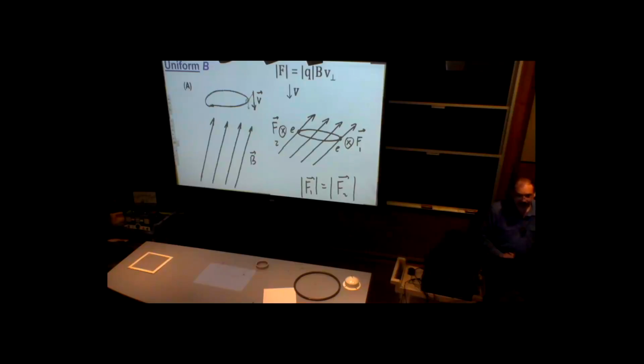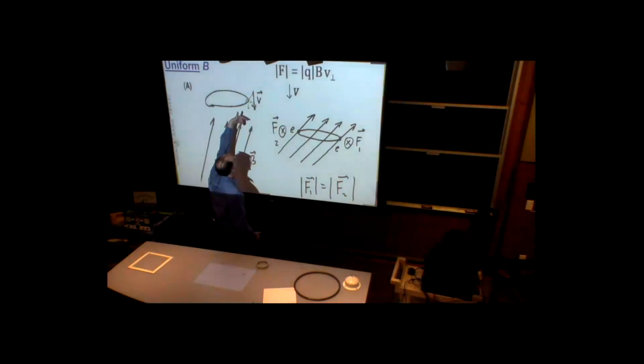So there has to be some force acting from that magnetic field on this electron. What is the direction of the force? Well, we need a perpendicular component of velocity. This is V perpendicular.